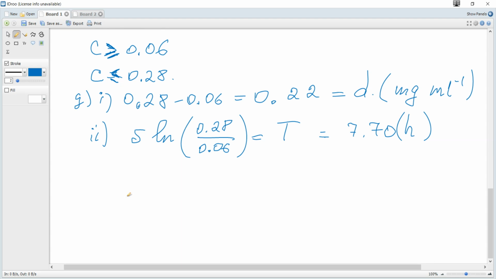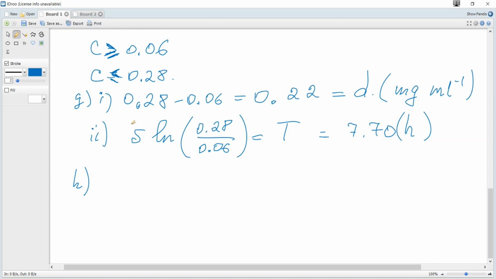The next, question H. For the value of D and capital T found in part G, find the proportion of time for which the concentration of drug is at least 0.06 milligrams per milliliter between the first and second doses, 2 marks.